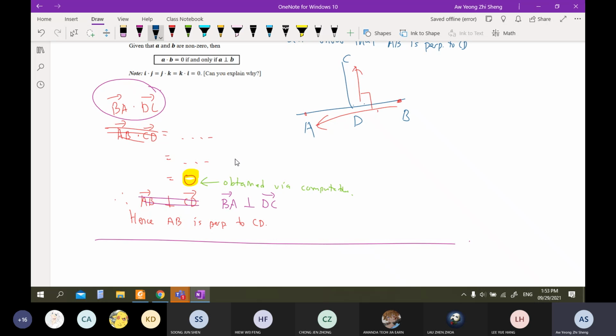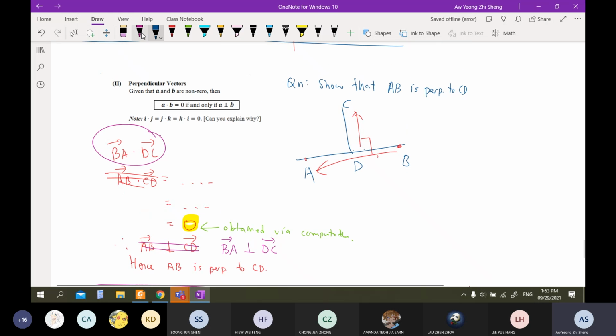Right. So the thing to remember here is you have an if and only if relationship. If A is perpendicular to B, their dot product must be 0. Same for the reverse. If the dot product is 0, then the two vectors are perpendicular.